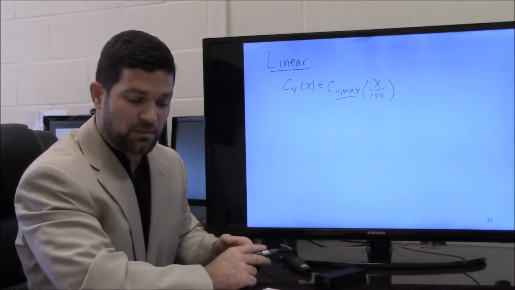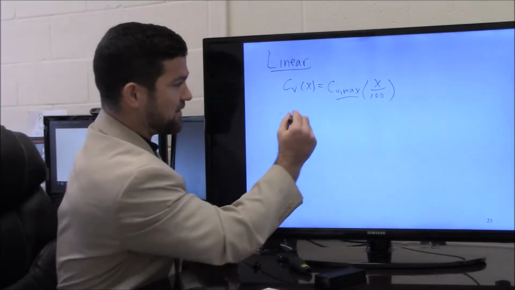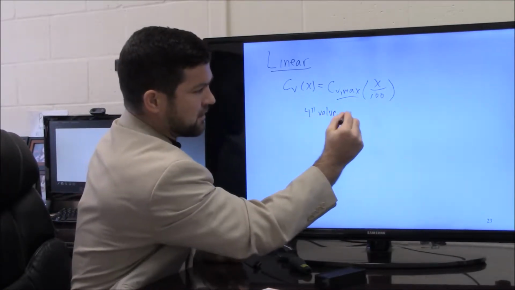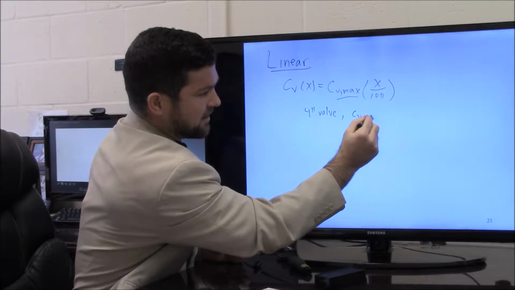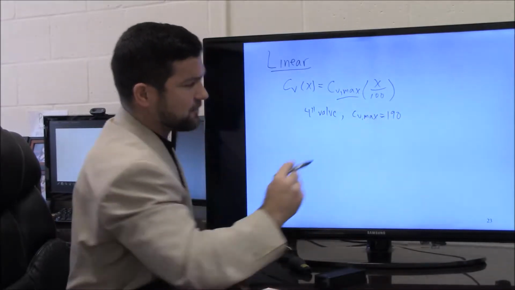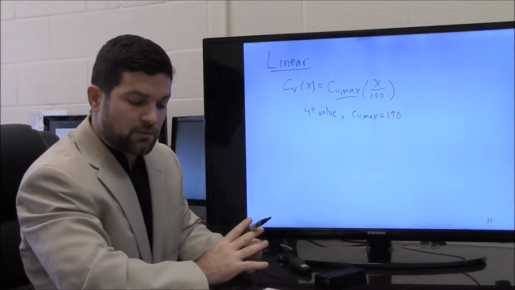Okay, well, to do a quick example here, if we have a 4-inch valve, and from the table in the textbook we can get a CV max equals 190, right?